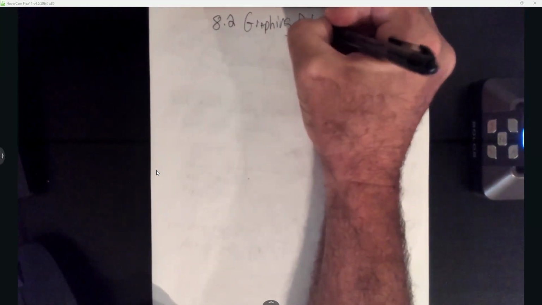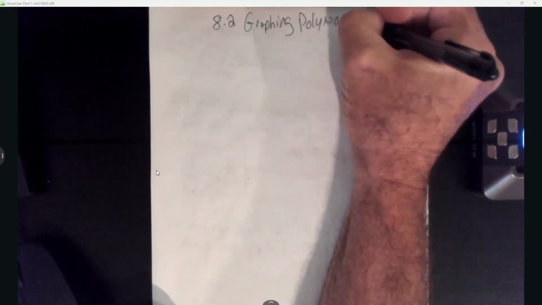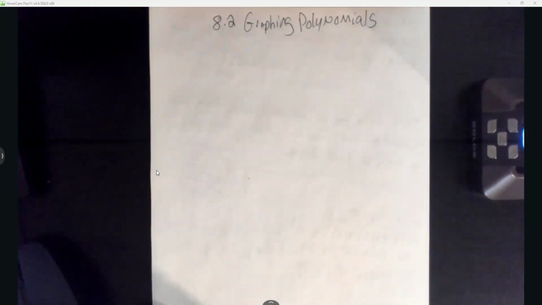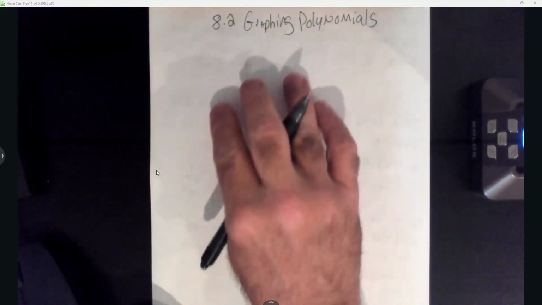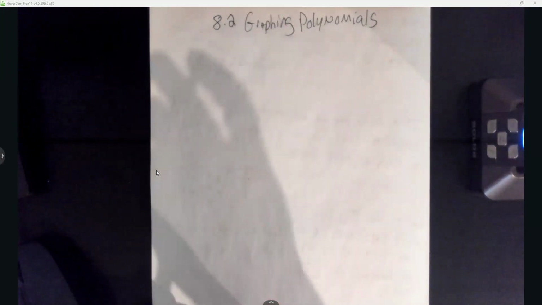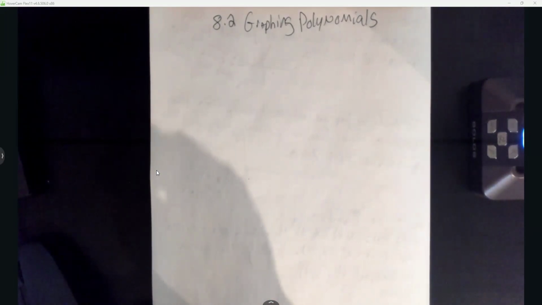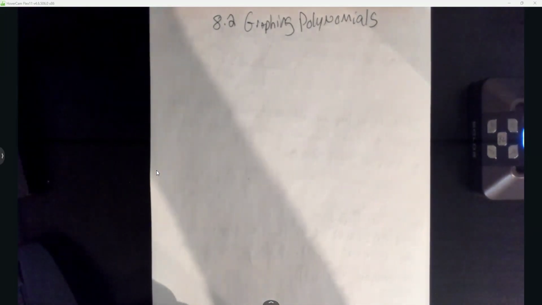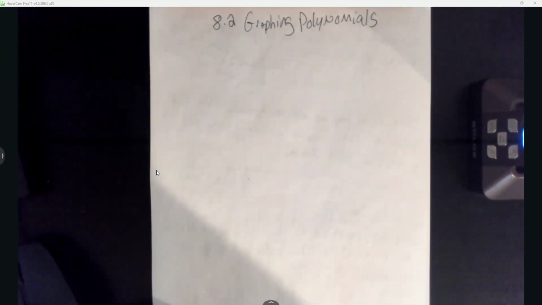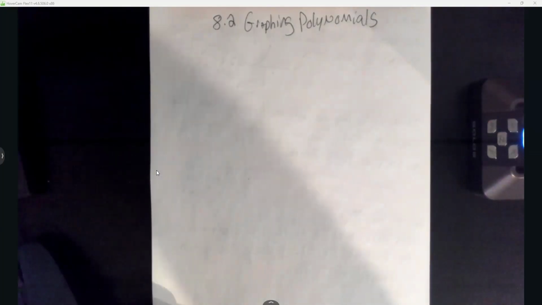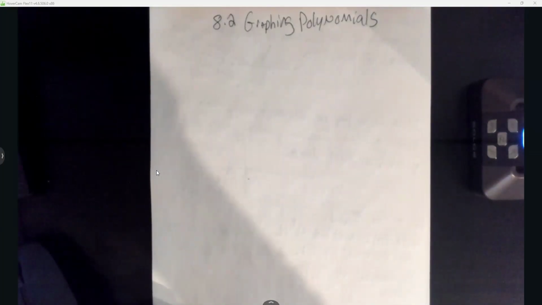All right, y'all. So 8.2 mainly deals with graphing polynomials. Now, before we actually get into the graphing of the polynomials, we're going to find out how to figure out what's the maximum number of real zeros, what's the maximum number of x-intercepts, and then what's the maximum number of turning points a polynomial can have.